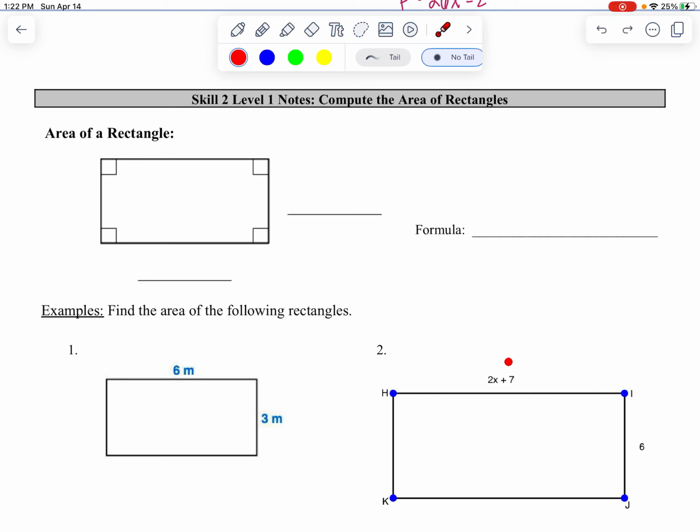When we're looking at a rectangle, you all know this, there are different sides of a rectangle, so I'm going to start with labeling our words when we're talking about the rectangle. Here we're talking about the base of our rectangle, and going along with that, we're going to have the height of a rectangle. To calculate the area of a rectangle, there is a specific formula that we are going to use.